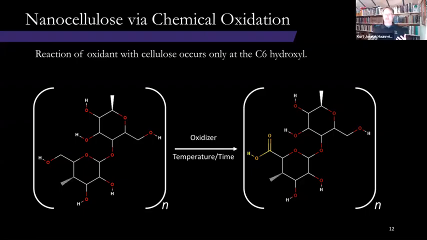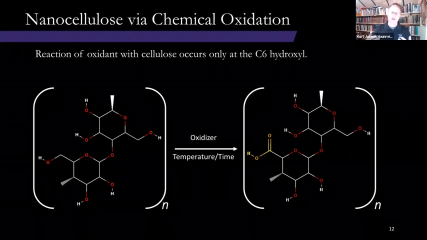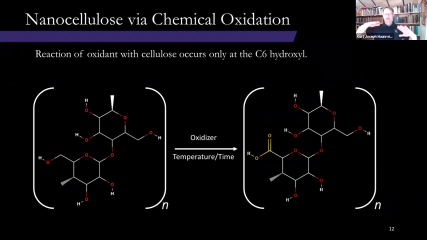Think of the steric hindrance of your molecule, right? You don't have a perfect chain where all the C6s are playing up. It rotates around that oxygen, right? So some of those C6s are going to be facing down into the polymer chain, and they're going to be inaccessible.